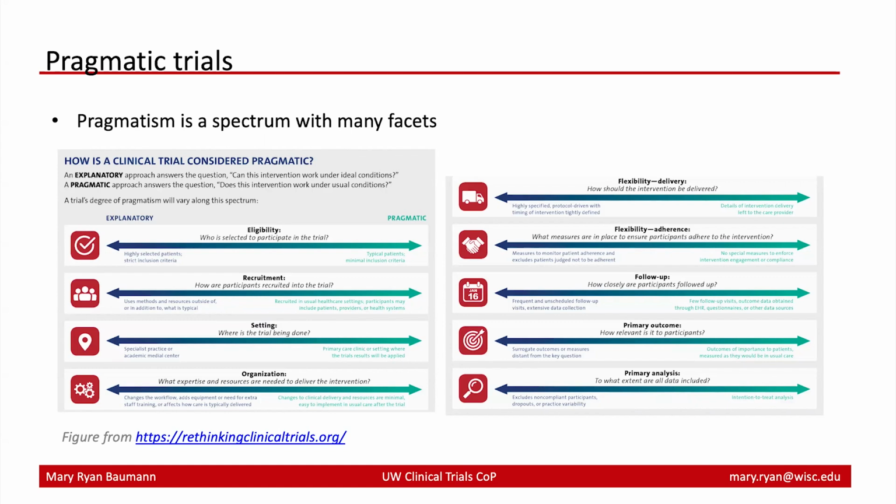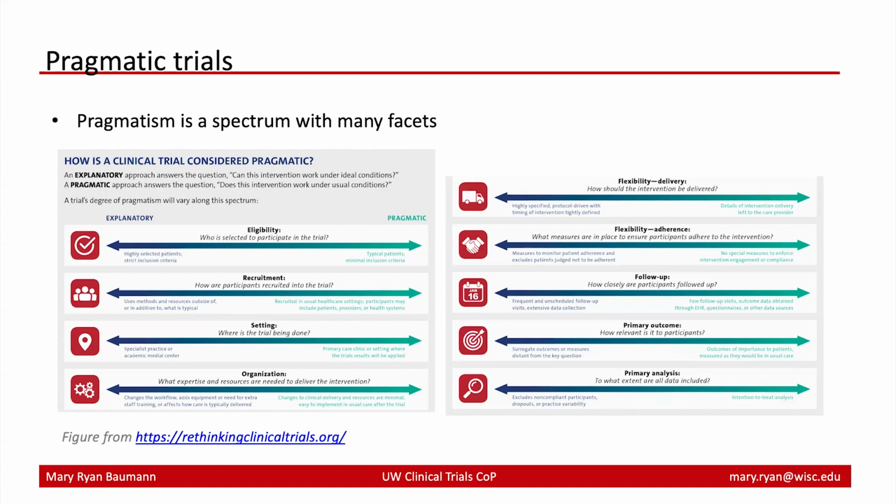Are we putting strict guardrails in place to make sure that people adhere to what the intervention is exactly? Or we don't have any special measures to enforce adherence. Not necessarily that we don't measure adherence, but we're not ensuring that high adherence is being followed.